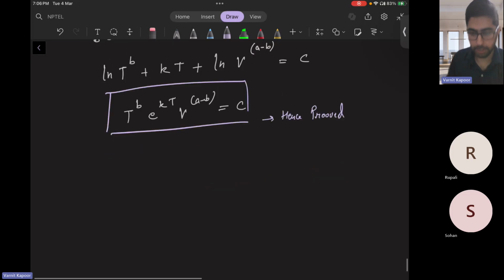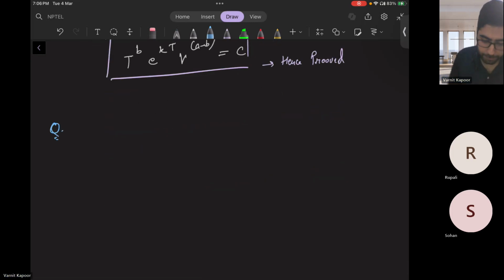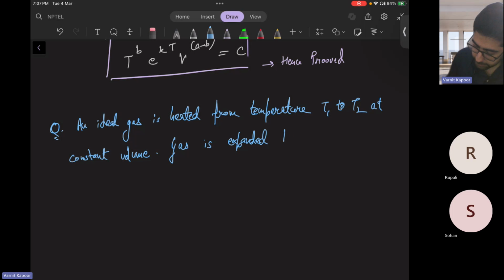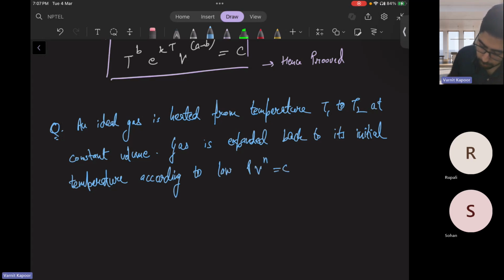All right. Now let's come to a good question again. A new good question. An ideal gas is heated from temperature T1 to T2 at constant volume. Then the gas is expanded back to its initial temperature according to the law P V raised to n is equal to constant.